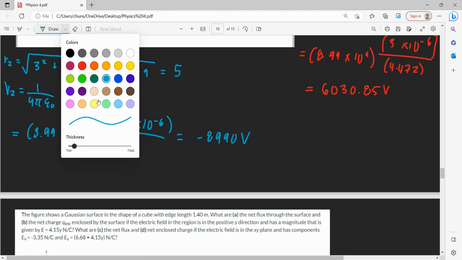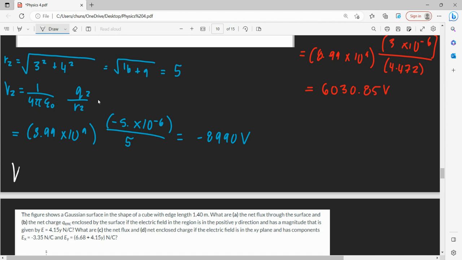And then when we want our total at that point, we're going to add them together. So V total is equal to V1 plus V2. So that's equal to 6030.85, which is positive, and minus 8990 volts, which is going to equal 6030.85, and then this becomes 1,500.